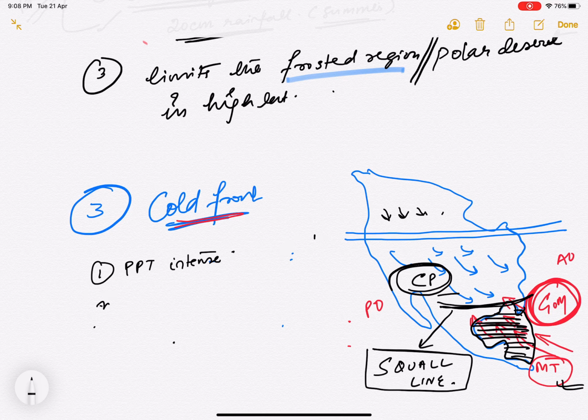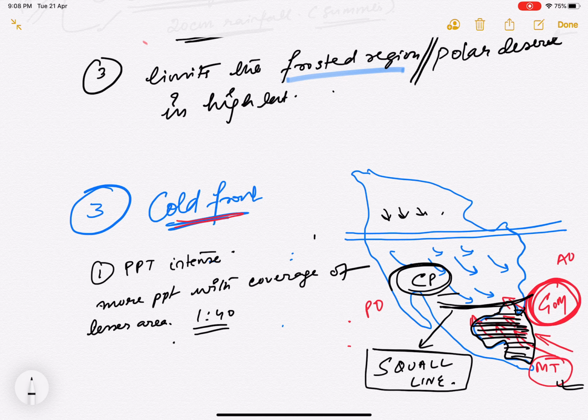It would give more precipitation with the coverage of lesser area. You can write this as 1:40, that for 40 kilometers there would be 1 kilometer rise leading to the rainfall. Second is the formation of a squall line near the Gulf of Mexico, resulting in tornadoes.